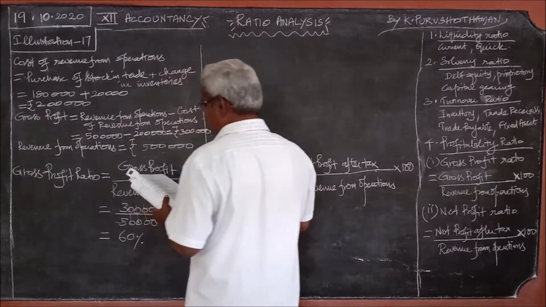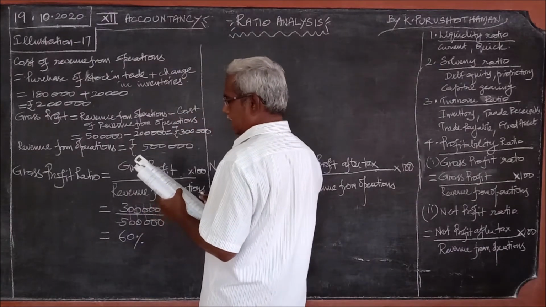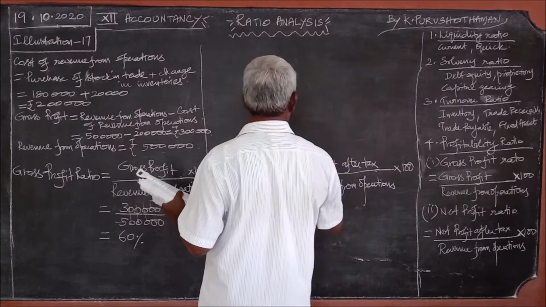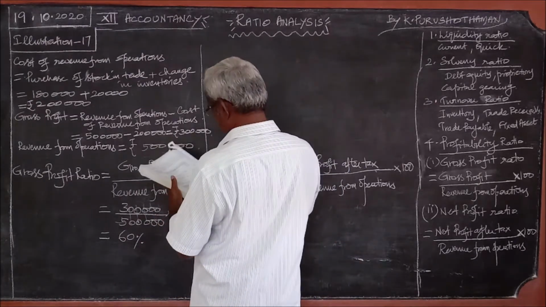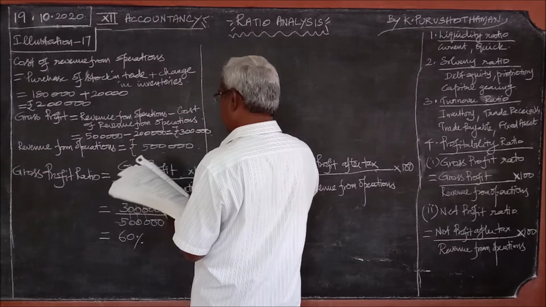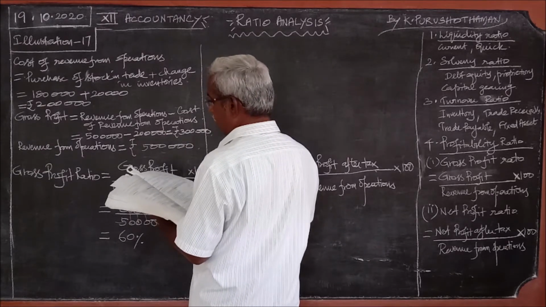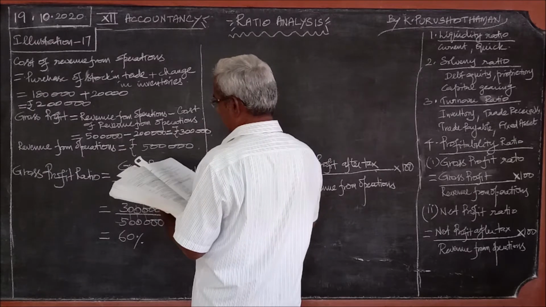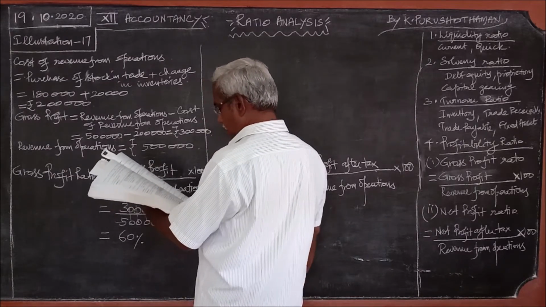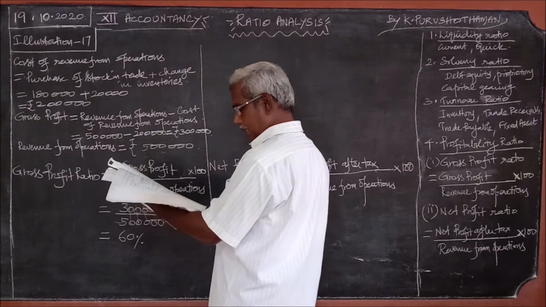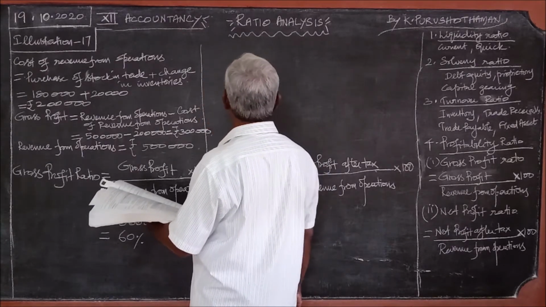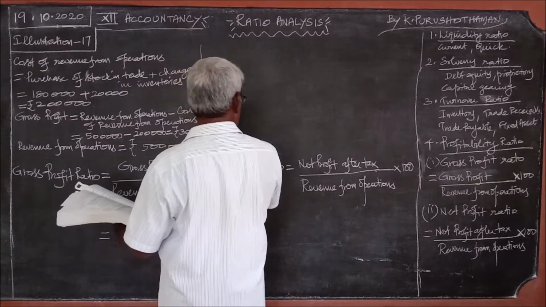Now, we should find the net profit ratio. What is the numerator, net profit after tax? How to find it? Net profit after tax is 1,50,000. That is the profit for the year, it is given. That is the numerator.